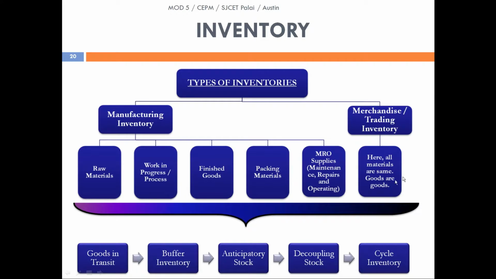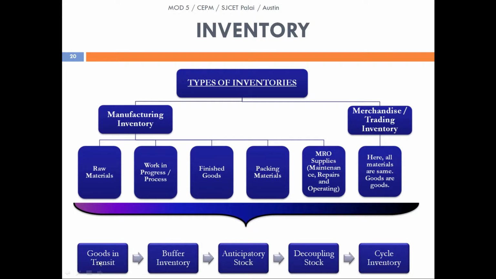So direct inventories mainly consist of the items that are directly used for production or manufacture. Here we could see raw materials in the procurement stage, work in progress or processing stage inventory, finished goods, the goods that have already been finished and are ready for sale, packing material inventories, and MRO, which means maintenance, repairs and operating inventories that are required for the finished goods. And merchandise inventory tells us about the cost of goods on hand that are available for sale at any given time.